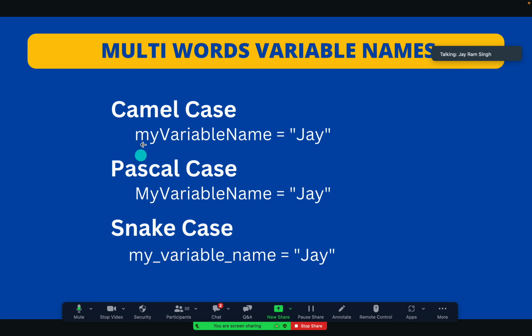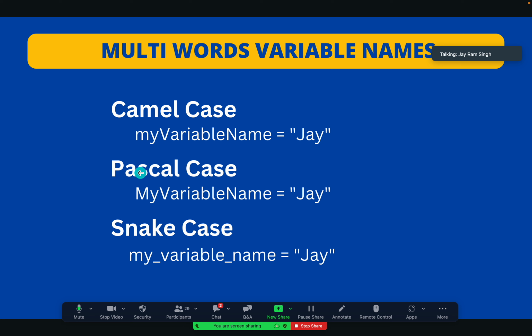A variable name should also be descriptive, so that the name explains what it is holding. For the example here, myVariableName in camel case: the first character is small and the rest are small, but V of Variable is capital and N of Name is capital. This is camel case styling.